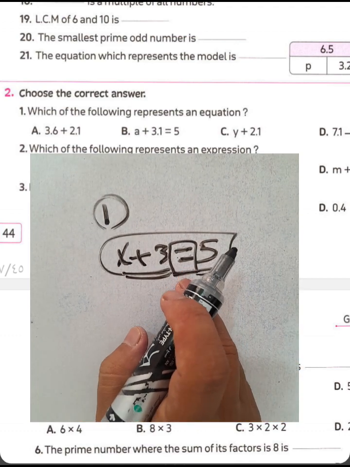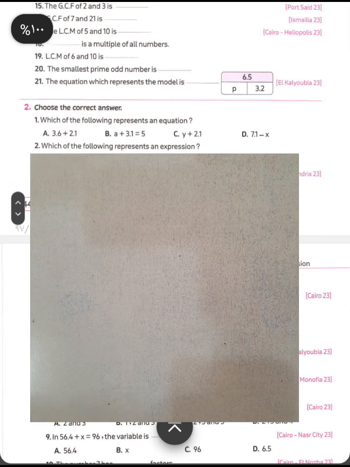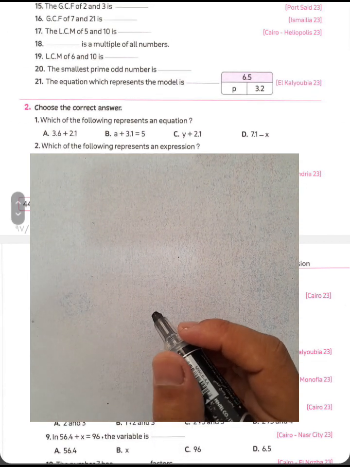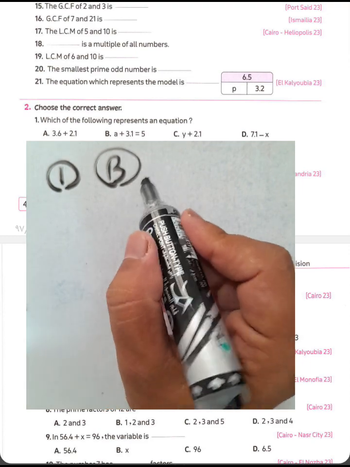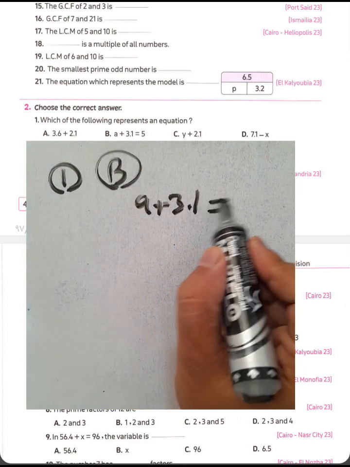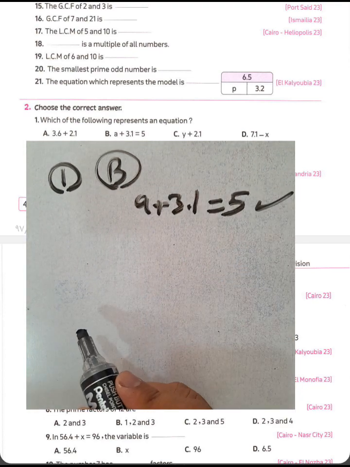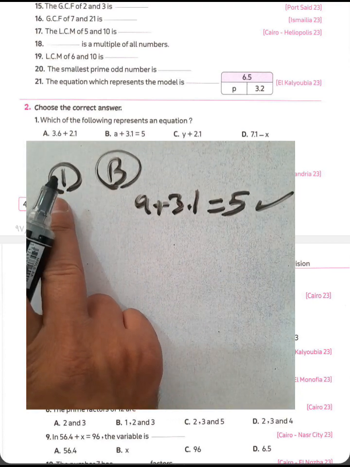About this example, he gives us letters A, B, C and D. Question number 1, which of the following represents an equation? The equation here will be letter B, because in letter B we have A plus 3.1 equals 5. It's the equation. Choose letter B for question number 1.